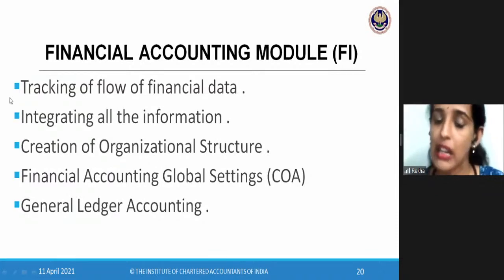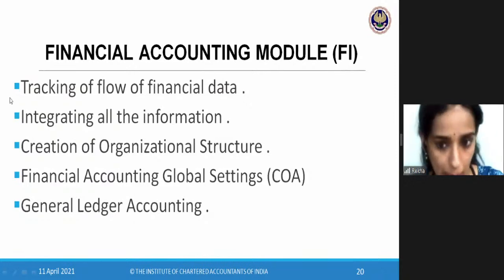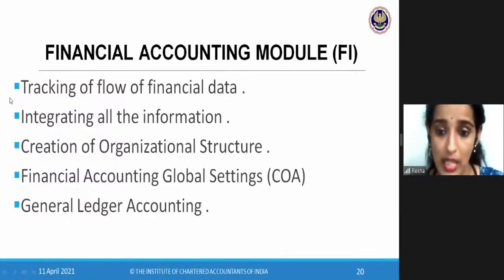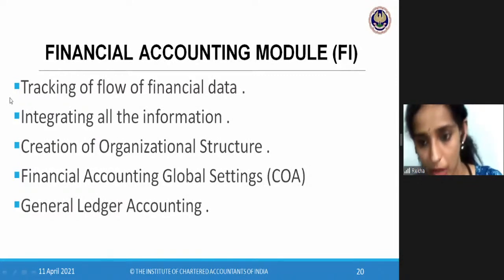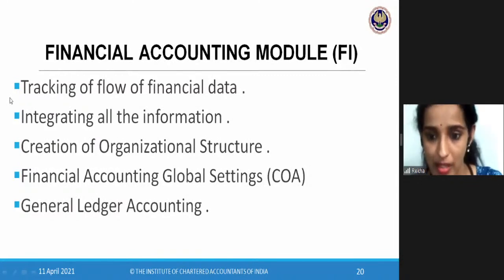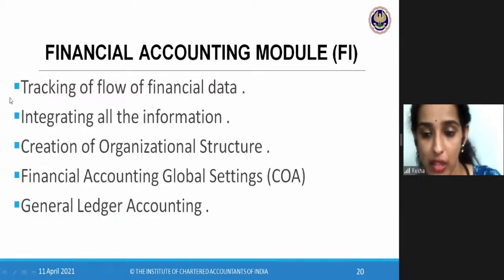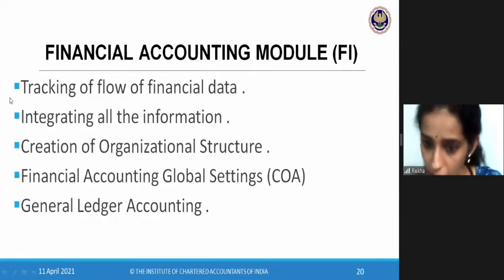Now, creation of organization structure is similar even within the ERP system, within your financial accounting module. You have to go ahead and define the company. Company codes, in the sense, say they have different branches for that particular company within India, 5 to 6 different branches. Each and every branch will be defined by a particular company code.